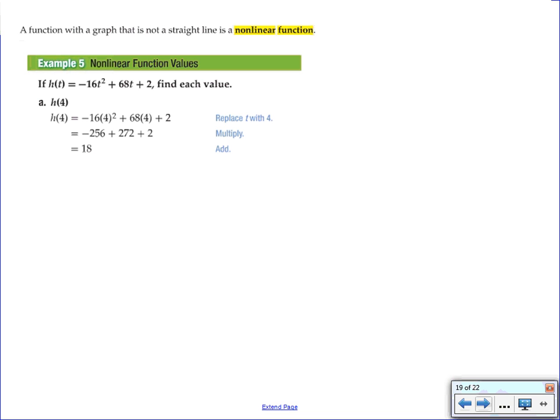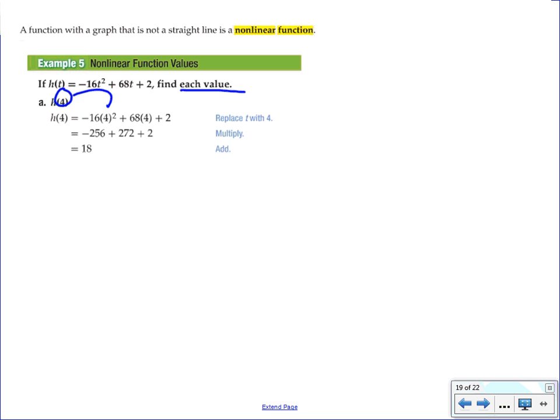If we have h of t, which is sort of like saying f of x, but they have to change it up on us, h of t equals negative 16t squared plus 68t plus 2. We need to find each value. So when t is 4, h of 4, that means we're going to substitute a 4 every place that there's a t in the equation.